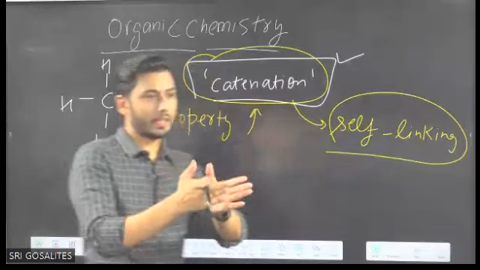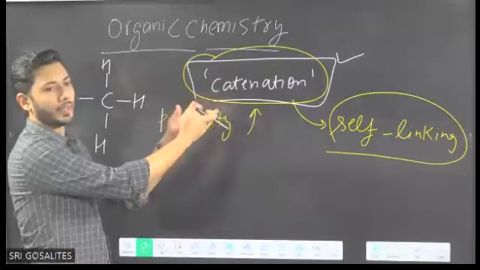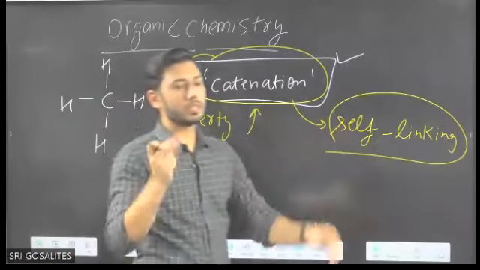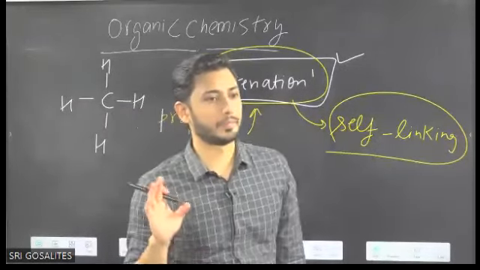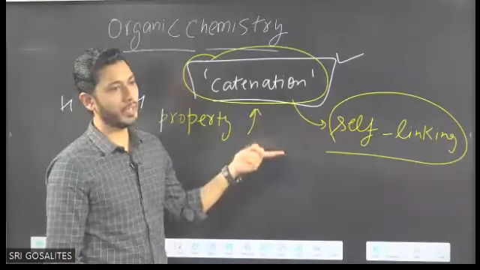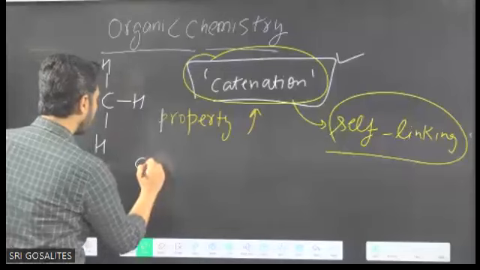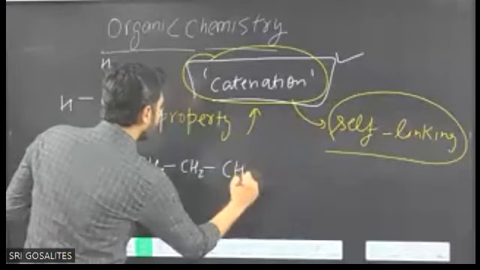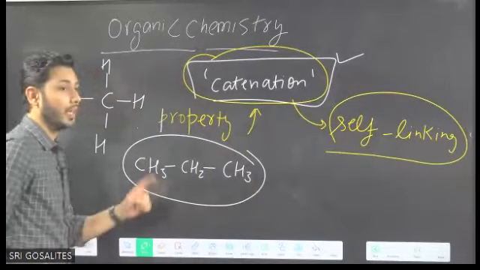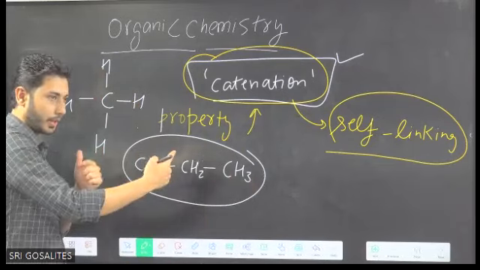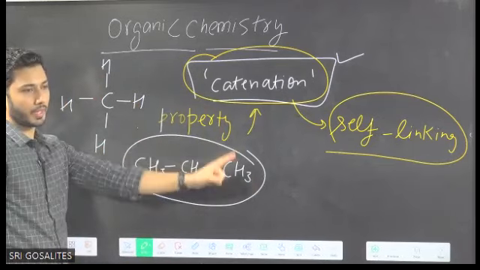So our target is that we have to go for the nomenclature, right? And before nomenclature, some basic terminology. Catenation is a self-linking property of carbon. Carbon can form strong bonds with itself and with other elements. In this case, carbon, carbon, carbon. Carbon is bonded with each other. This is carbon, other carbon, other carbon.